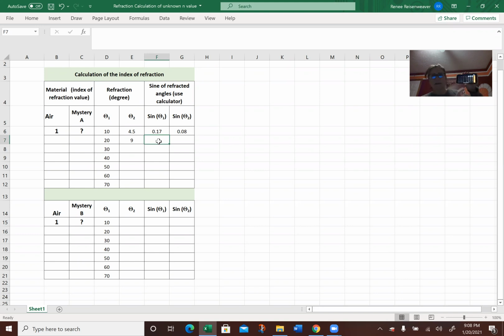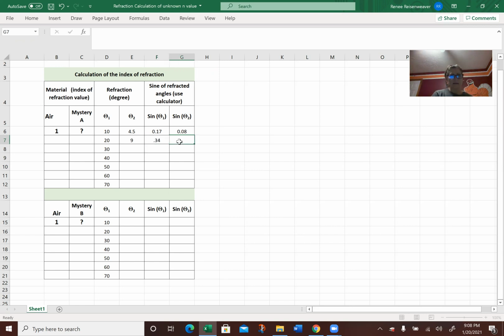Again, using my calculator, punch in your angle first and then hit sine. And make sure that you're in degree mode. So the display should say radian at the bottom; if it says degree, you need to hit it so that it says radian. That means you're in the degree mode. So the sine of 20 is 0.34.